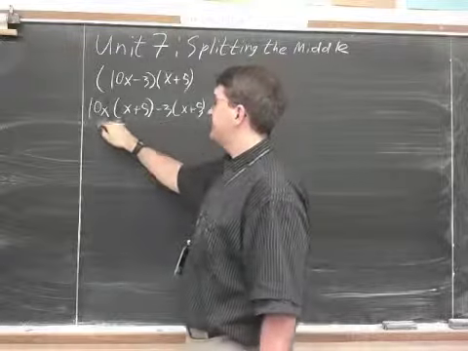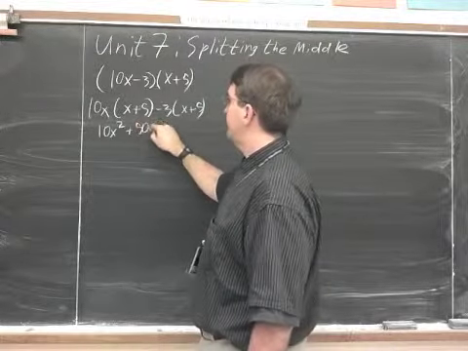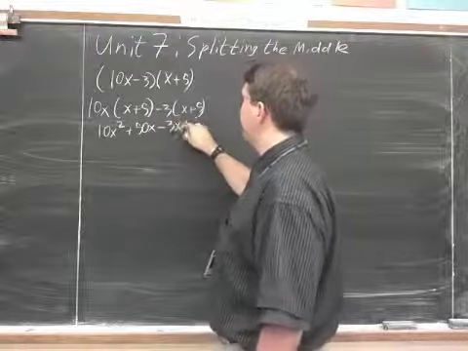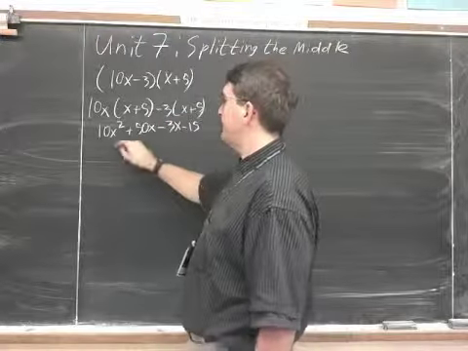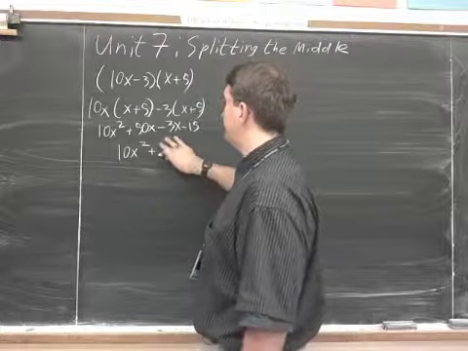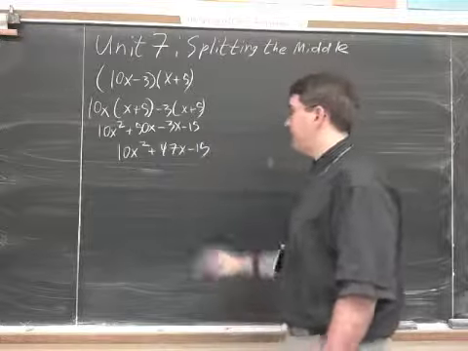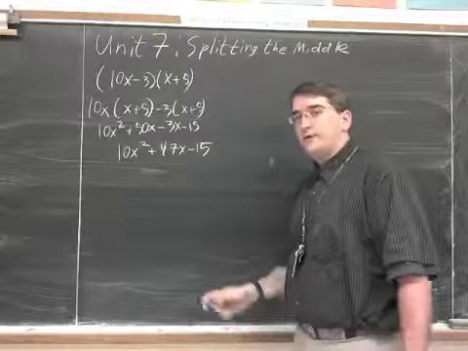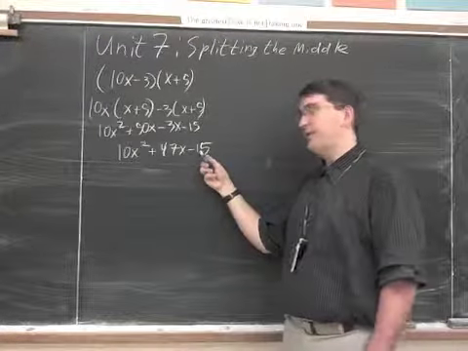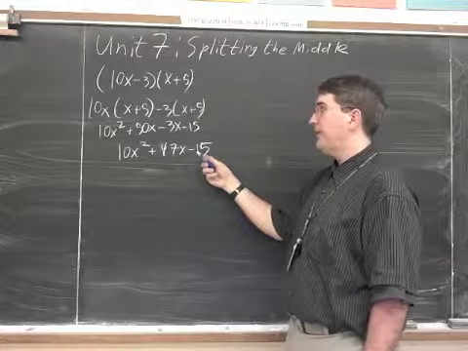And that gives us 10x squared plus 50x minus 3x minus 15. Combining like terms ends at 10x squared plus 47x minus 15.